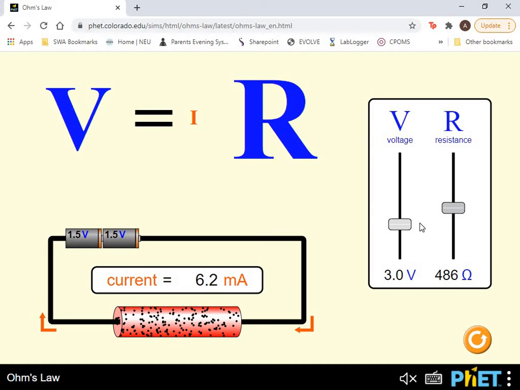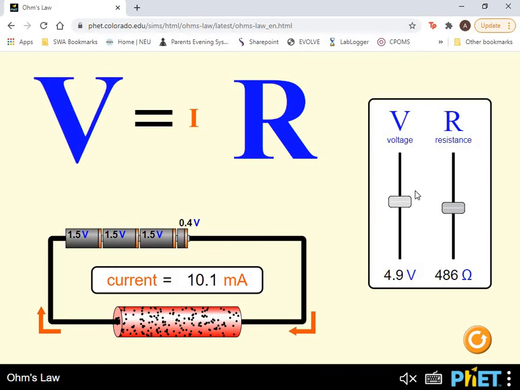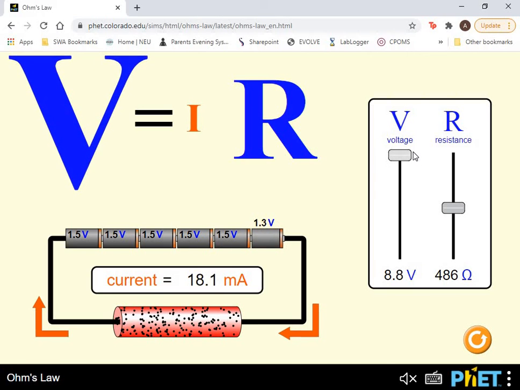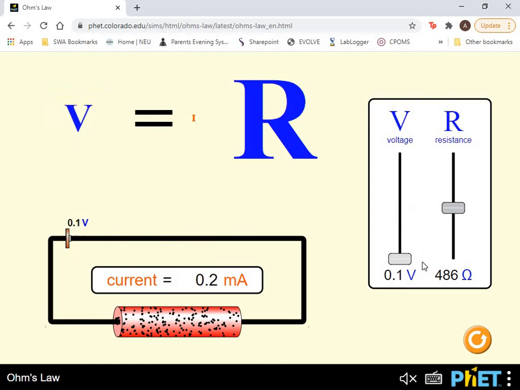So I've got half the voltage and just about half the current. If I go all the way up to 9 volts, I've got a current of 18.5 milliamps. And you can see that voltage and current are changing.